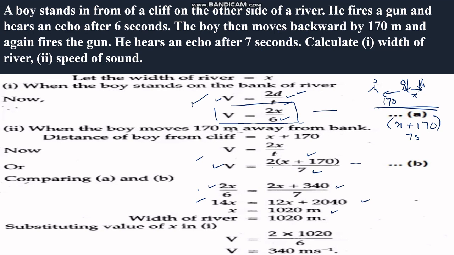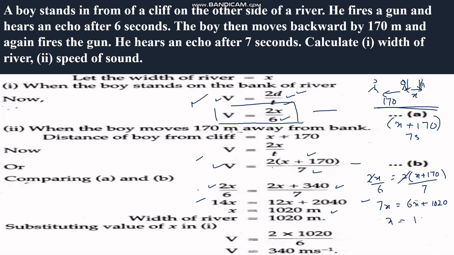Over here, instead of this, you could have also done it in this way. 2x upon 6 is equal to 2 into x plus 170 upon 7. You could have directly cancelled this. So this would have become 7x is equal to 6x plus 6 times 170, right?